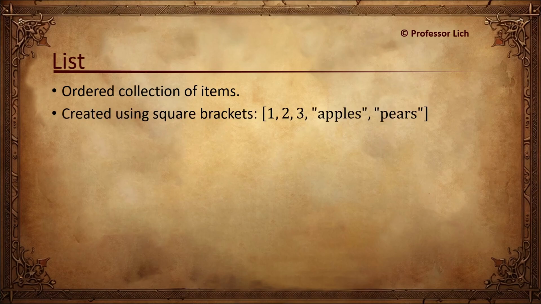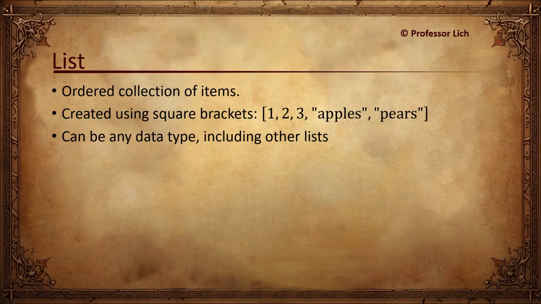You create them by placing a comma-separated sequence of items within square brackets. As was the case with dictionaries in Lecture 1, items inside of a list can be of any data type, including other lists. So as we had nested dictionaries, we can also have nested lists.